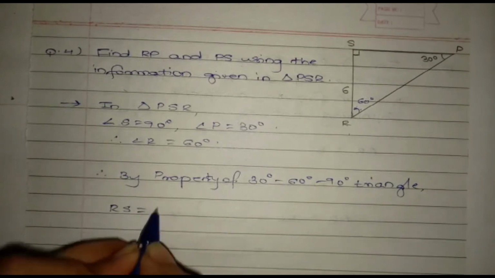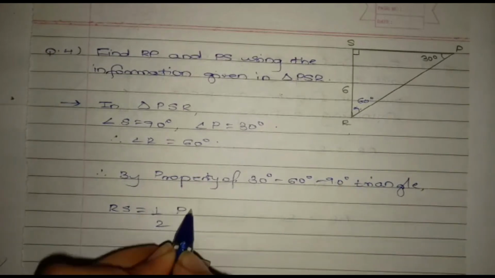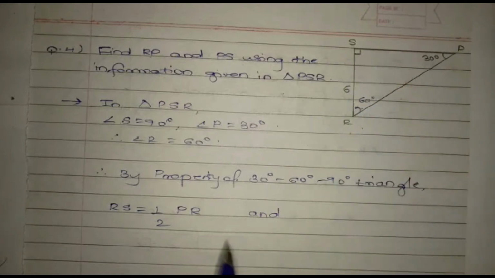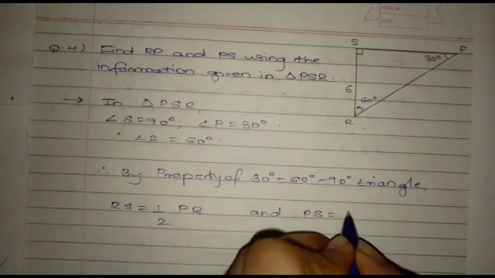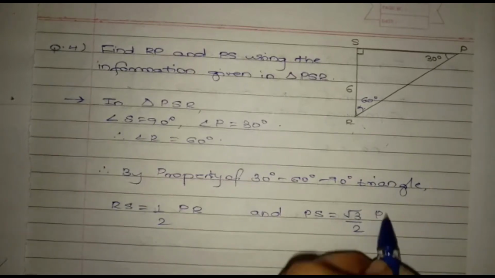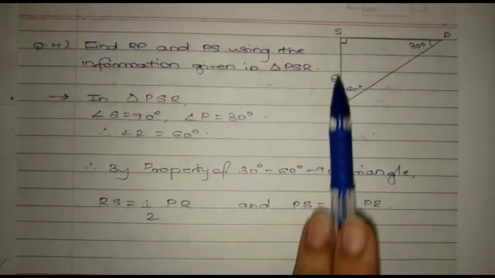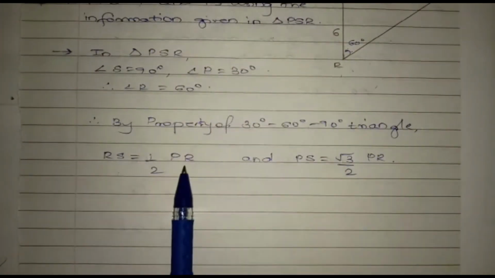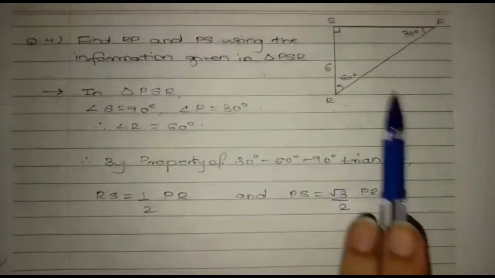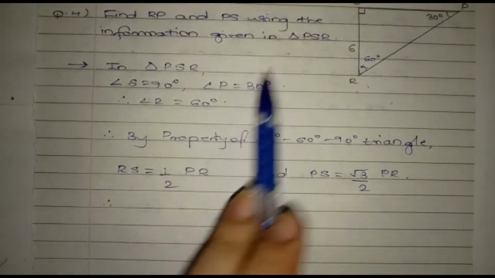RS is equal to half of the hypotenuse, that is PR, half of PR, and side opposite to 60 is PS. PS is equal to root 3 by 2 of the hypotenuse, that is PR. Okay, now here we have RS given, that is 6. So we can find out PR and then we can substitute it in this term and we can find out PS.